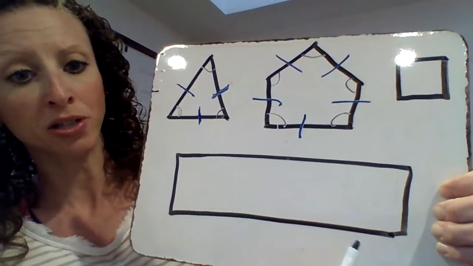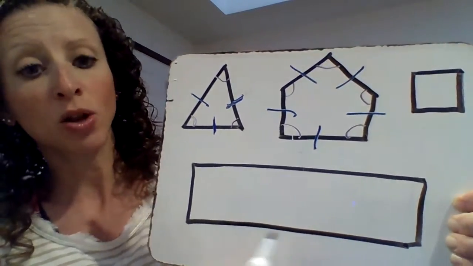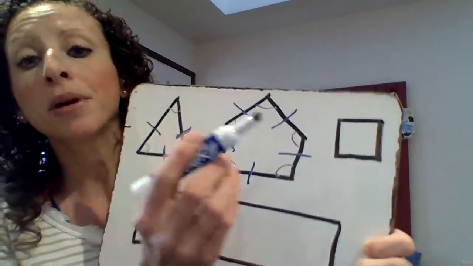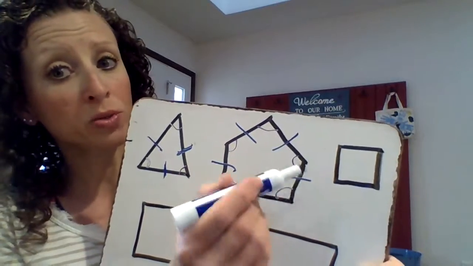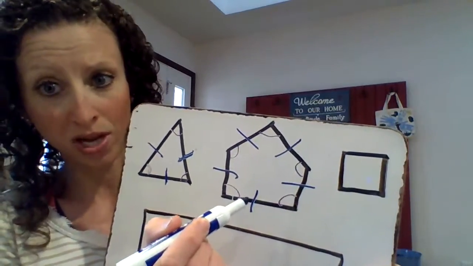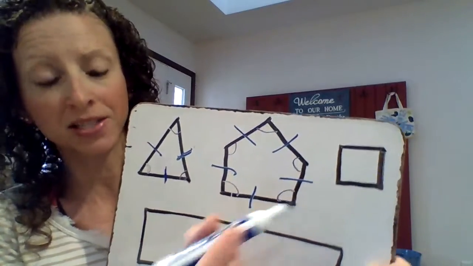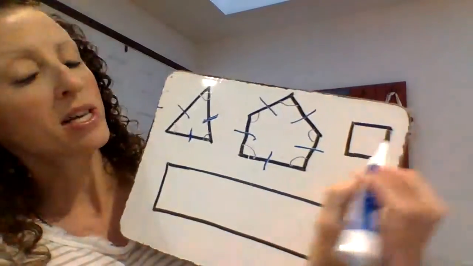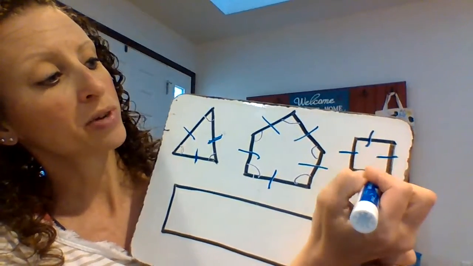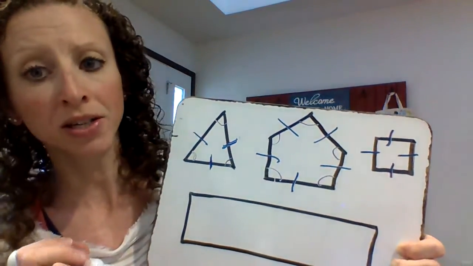Remember a rectangle, we talked about this in the last lesson, has a long side here, and 2 shorter sides. But a square, what makes a square a square? Has to be all the same size sides, okay? Same size sides. So if I count up the square and see how many sides he has, 1, 2, 3, 4, 4 sides on a square.